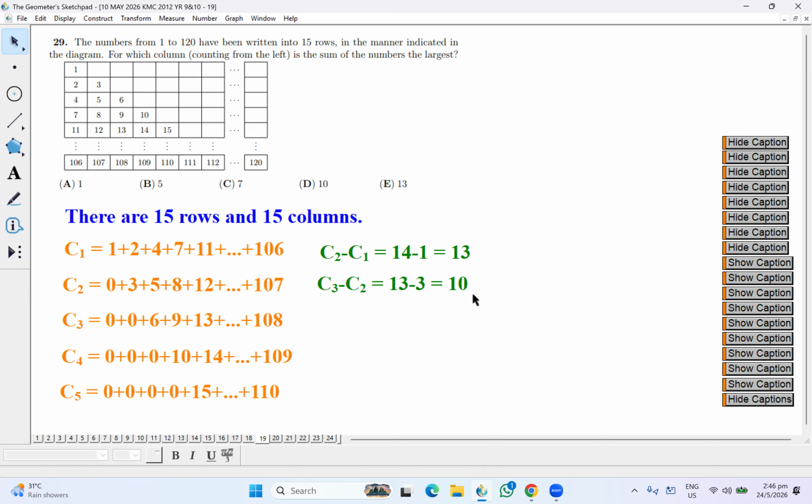Then for column 4, 12 times bigger, and it loses out the 6.